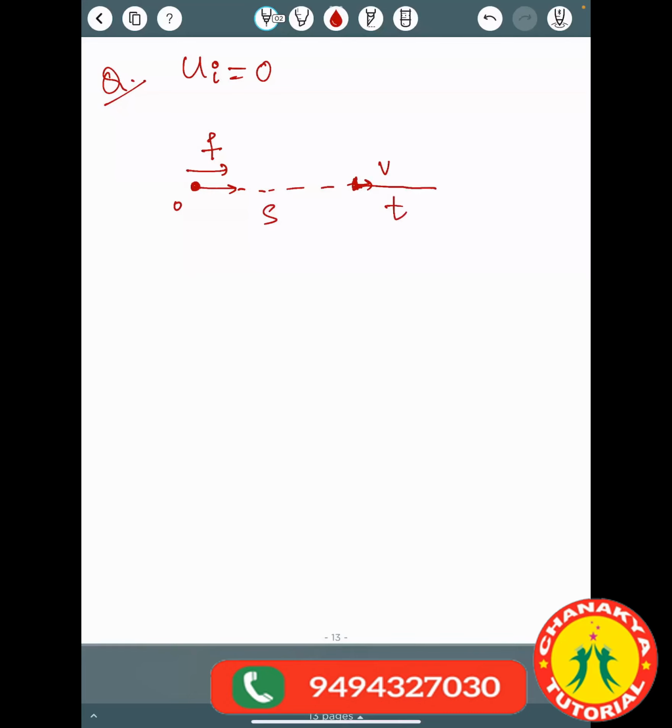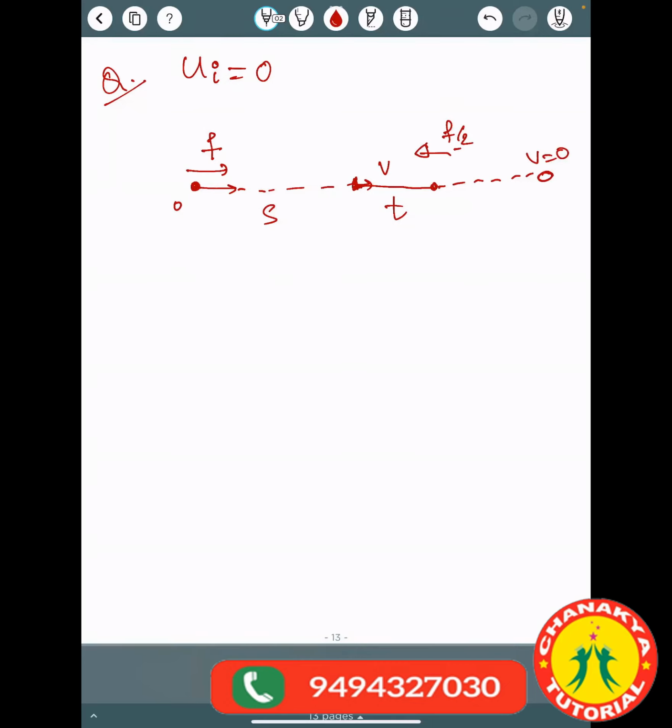All right. And then it decelerates at the rate of f by 2. Decelerates means what? Decreases. It decreases at a rate of f by 2 to come to rest. Yes, it will come to rest finally, right? The v will become 0 because you are decreasing it.